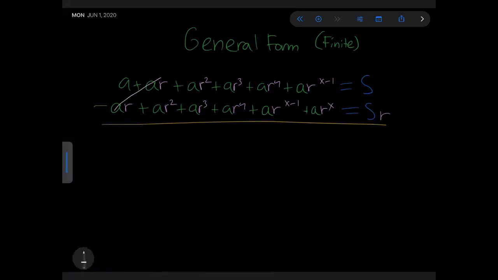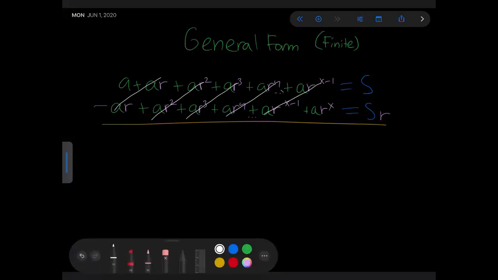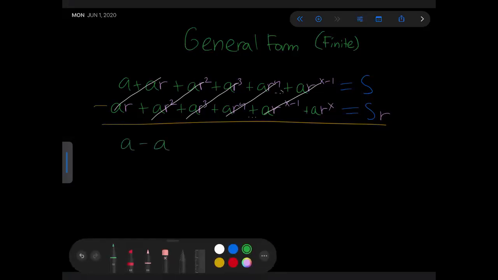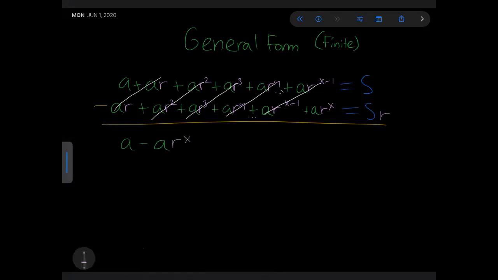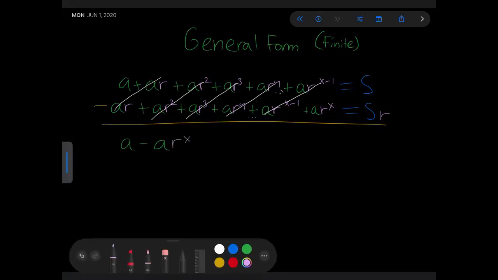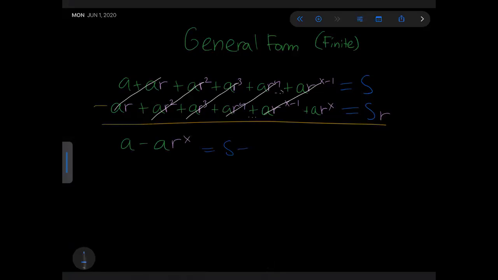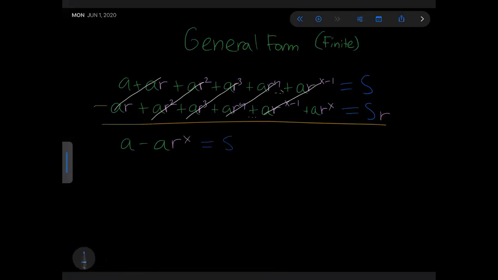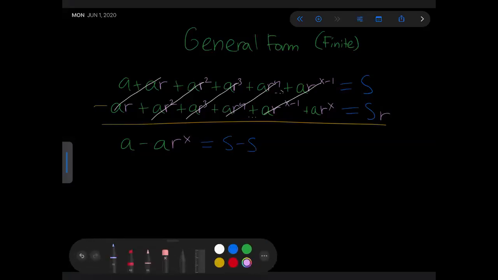This cancels, this cancels, this cancels. There's a couple of dots here that are missing, but you get the point. We're left with a minus a r to the x is equal to s minus, that's terrible handwriting, s minus sr.